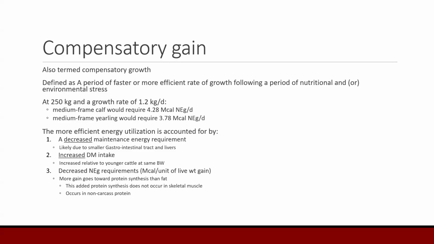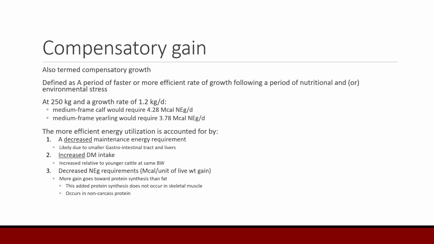Darn it. Okay. So compensatory gain is a period of faster gain. We have more efficient animals, it takes less feed to deposit a unit of gain, following a period of nutritional or environmental stress.